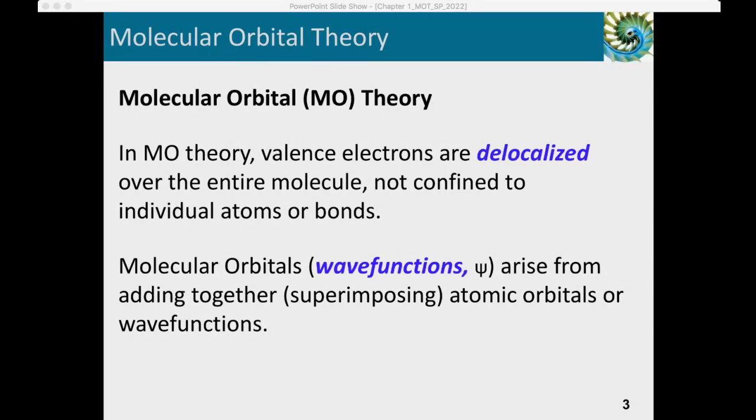So you're talking about mainly bonding happening, so localized bonding, so bonding taking place between adjacent atoms. Okay, that's what I mean by localized bonds.